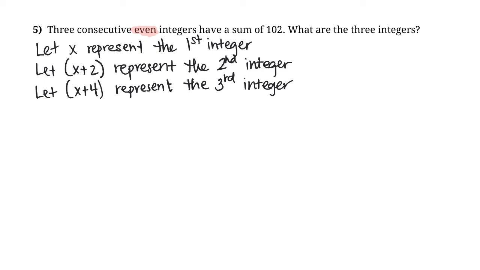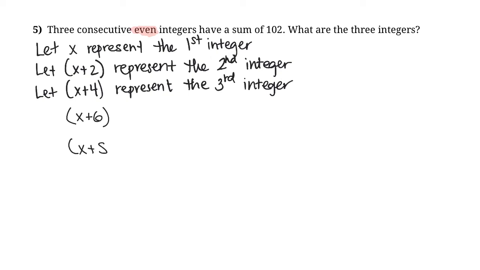And x plus 2 is going to represent the second integer. To get the third consecutive even integer, instead of adding 2 like we normally would, we're actually going to up it to 4. So x plus 4 is the third integer. If we were asked to find, let's say, the fourth integer, then the next consecutive even integer would be represented by x plus 6.